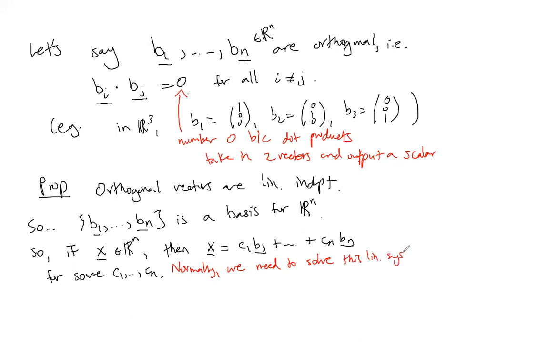We need to form a matrix with B1 through Bn as the columns, C1 through Cn are the coefficients you're solving for, and x is the vector on the other side. But because B1 through Bn are orthogonal, we get an easier way.